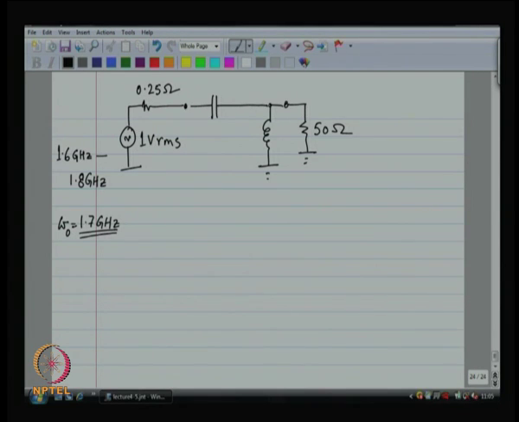So, L in parallel with R transforms to more or less the same L in series with a much smaller R, right. Fine. So far so good. And what is the Q? That is the first step, right.